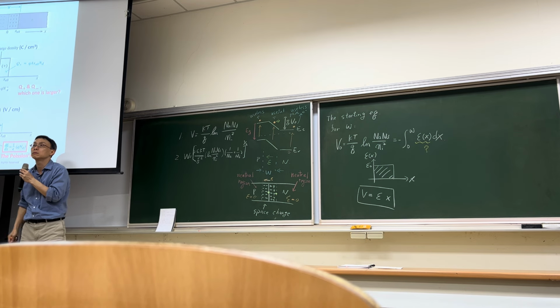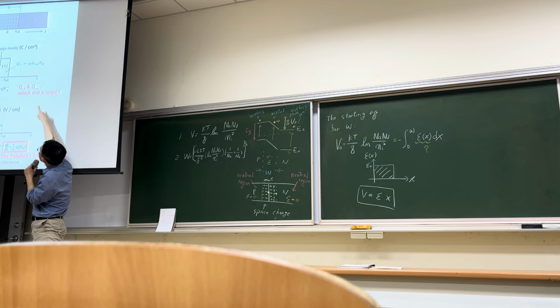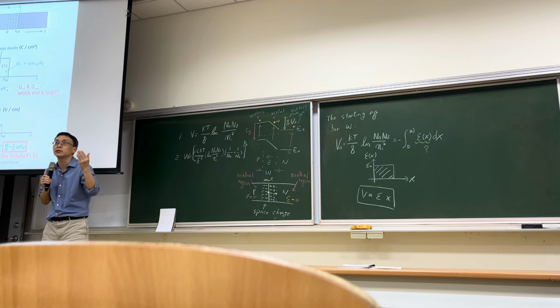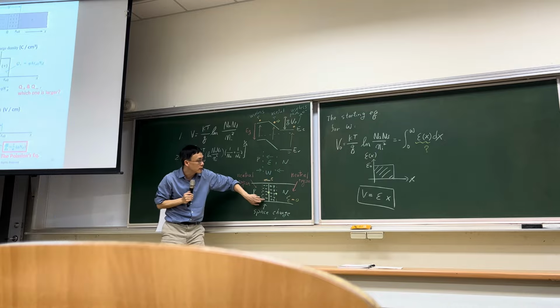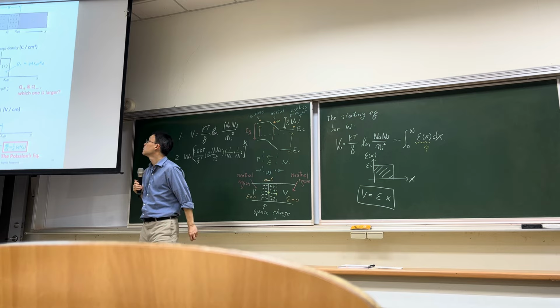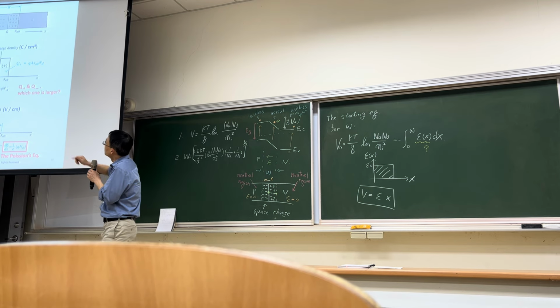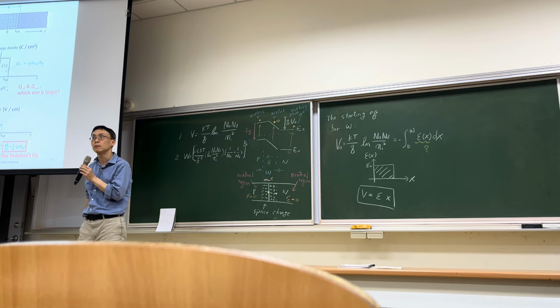So the next step is to understand the second figure, which is showing you the charge density as a function of position, right? Charge density, one side is negative, the other side is positive, right? So that's the distribution we plot for the p-n junction.